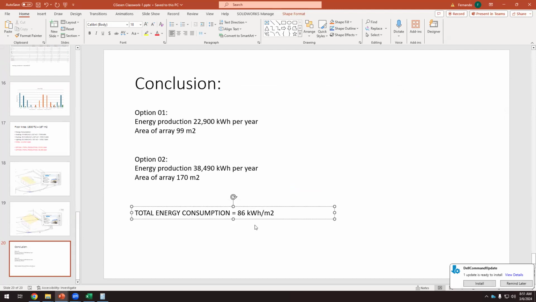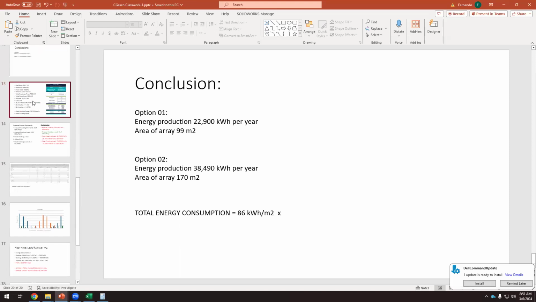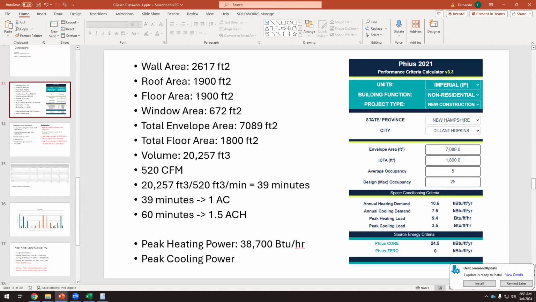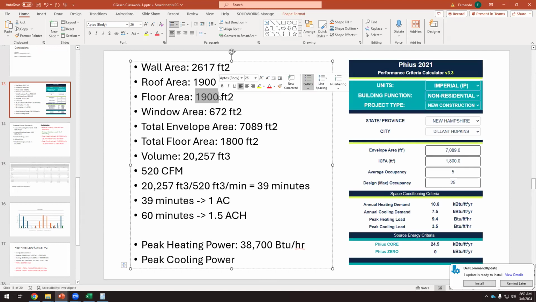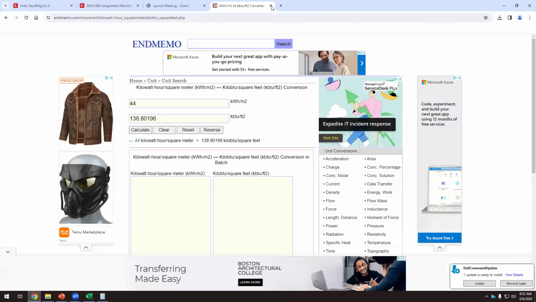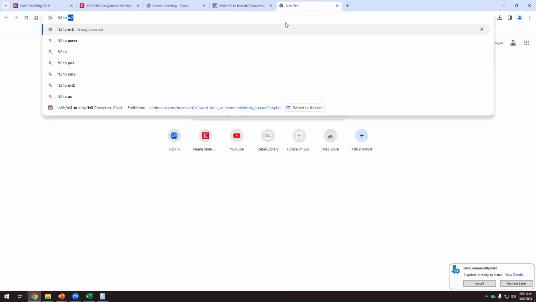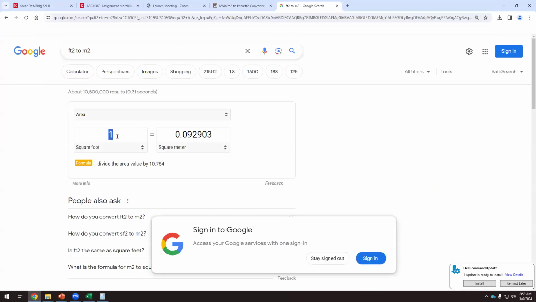Okay. And how many square meters do we have? If we multiply this times the floor area, and what's the floor area? Here we have to be careful with the units, because when it comes to electricity, everything is in international units; we don't have BTUs in electricity. So the floor area is 1,900 square feet. We have to convert square feet to square meters, so this is 176 square meters.